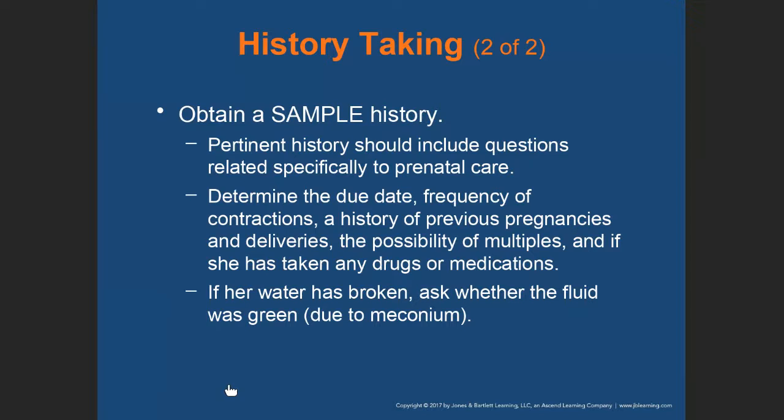So determine the due date, the frequency of contractions, and the history of previous pregnancies and deliveries. Very important. If it's not their first pregnancy, this is not going to be a long delivery. Persons who have had previous pregnancies, the deliveries that come after don't take long. So expect that. Ask about the possibility of multiples, and whether she has taken any drugs or medication.